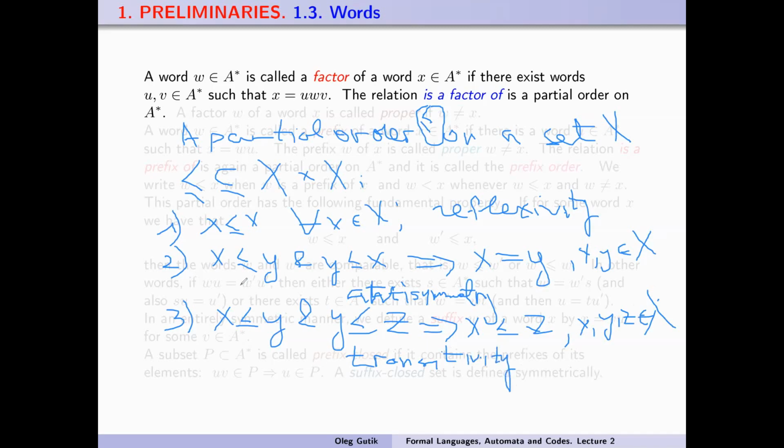So, a partial order on the set is a binary relation which is reflexive, antisymmetric, and transitive.